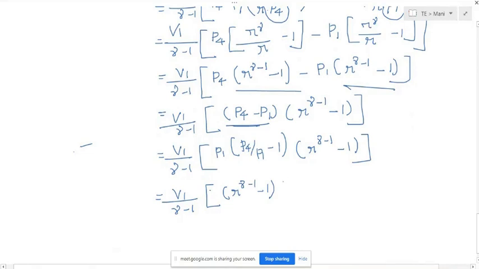So here, P1, instead of P4 by P1 we can say pressure ratio, right? I hope all of you remember. Already we solved the thing.